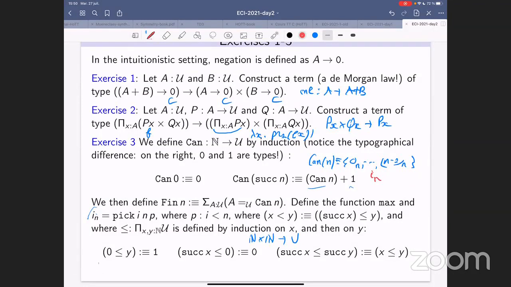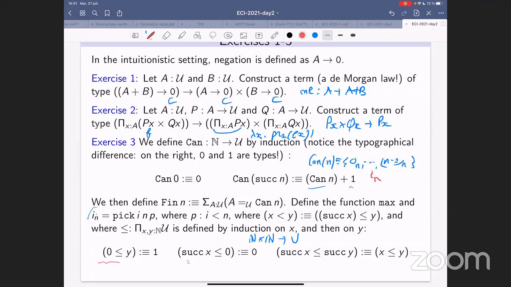So I can comment on the predicate if you want, on this family. You define this again by induction. I will just define less than or equal. You define it by induction both on x and y. You first consider the case where x is 0. In this case, by definition it is the type 1, which says this is true. Then if it's a suc, you start an induction on the second argument.